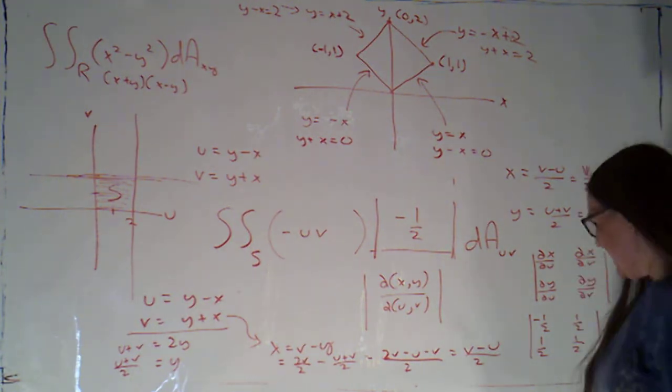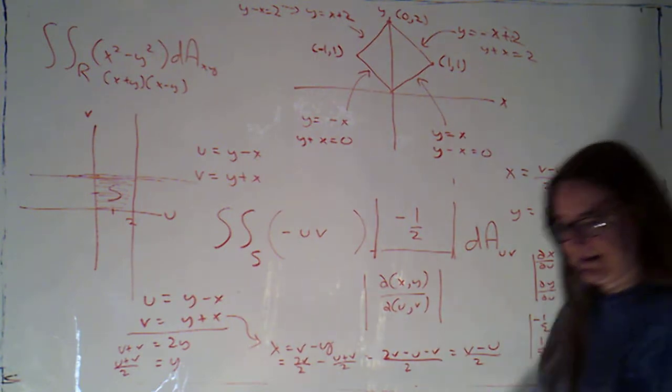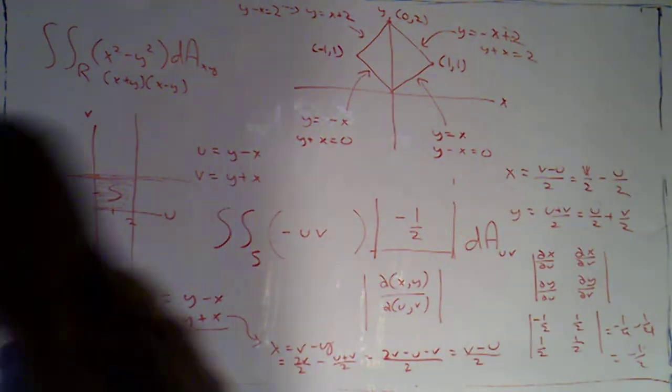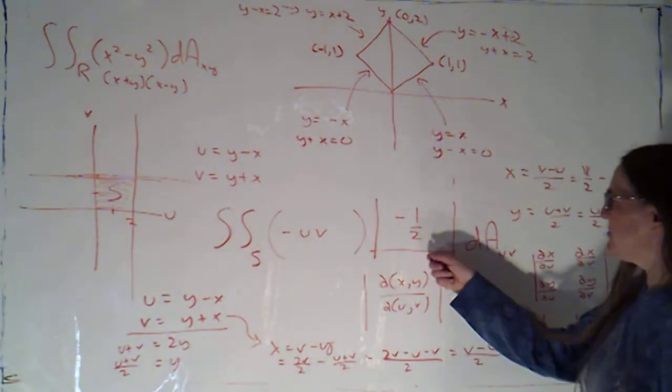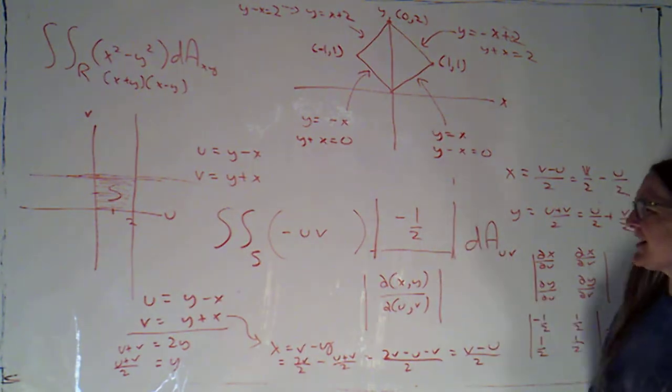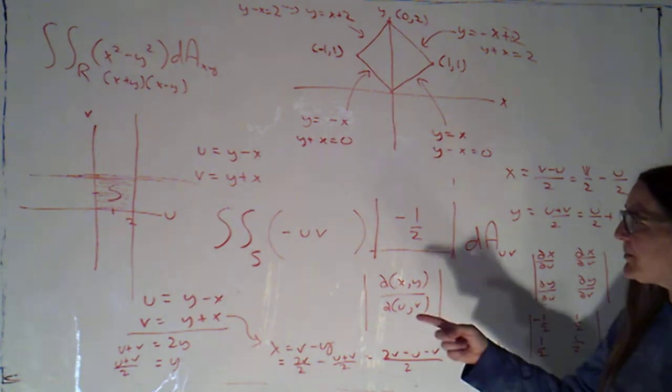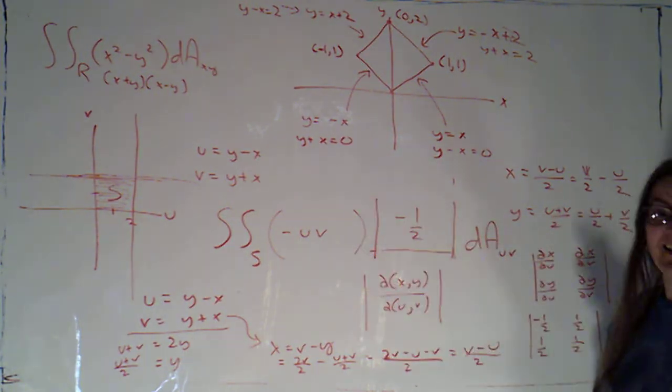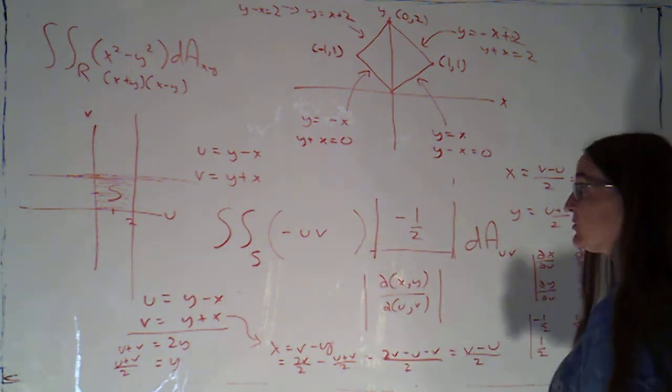Okay, so let's see what this gives us. Notice we did introduce this scaling factor, but the scaling factor in this case ended up being constant. So we actually ended up with a simpler region, and I think a simpler integrand as well.